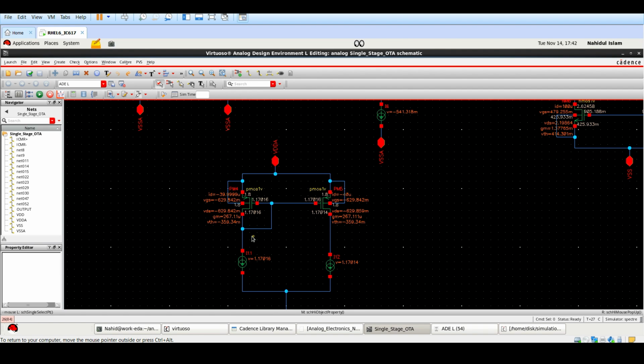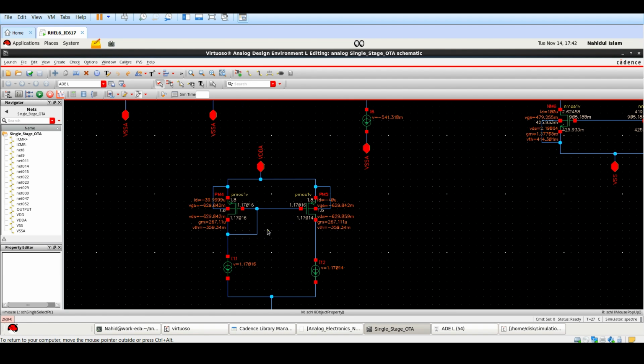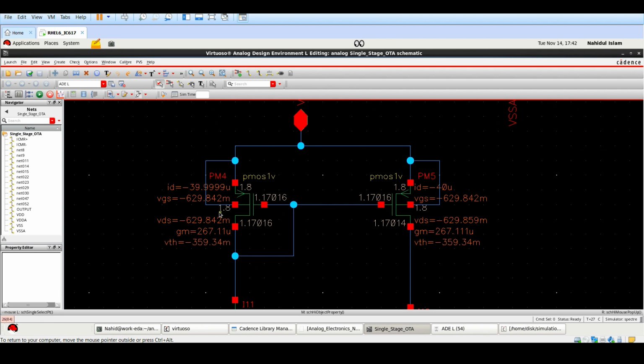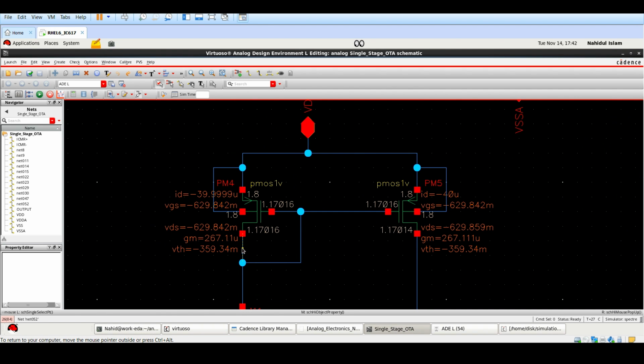So after that, after setting the DC analysis, here you can see the threshold voltage.